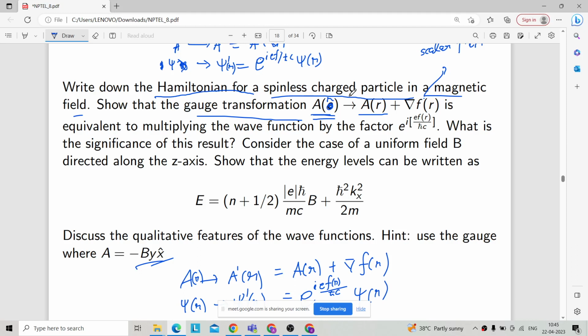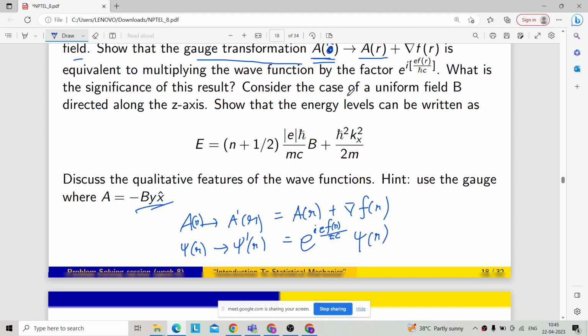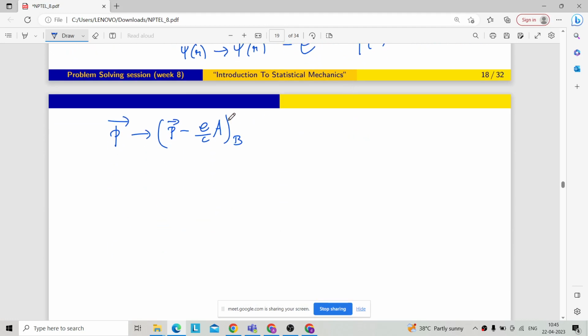We are given a charged particle, and it's not mentioned that it's an electron, so we will keep the charge plus e. So its sign won't change. Now I can write the Hamiltonian as P square over 2m, or it will be (P minus e over c A) square over 2m, right?